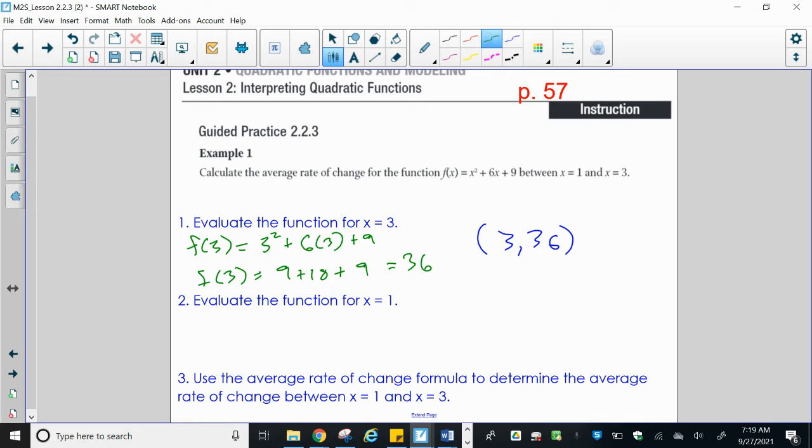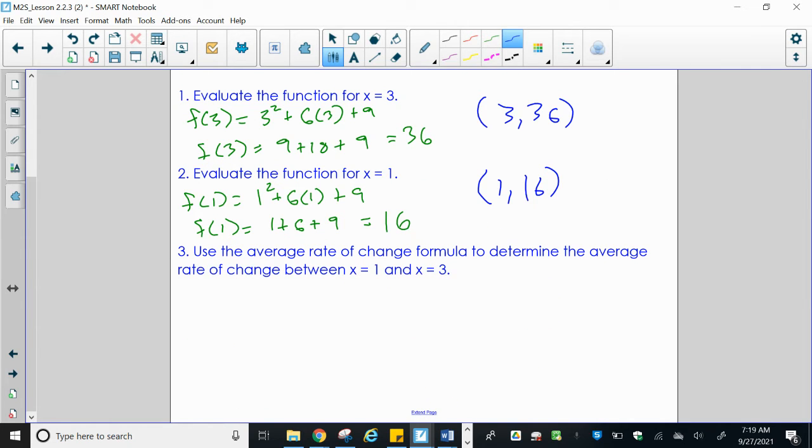And then we'll do the same thing, substituting in 1 for x. So f of 1 is 1 squared plus 6 times 1 plus 9. So 1 plus 6 plus 9. So that'd be 16. So now our second ordered pair is (1, 16).